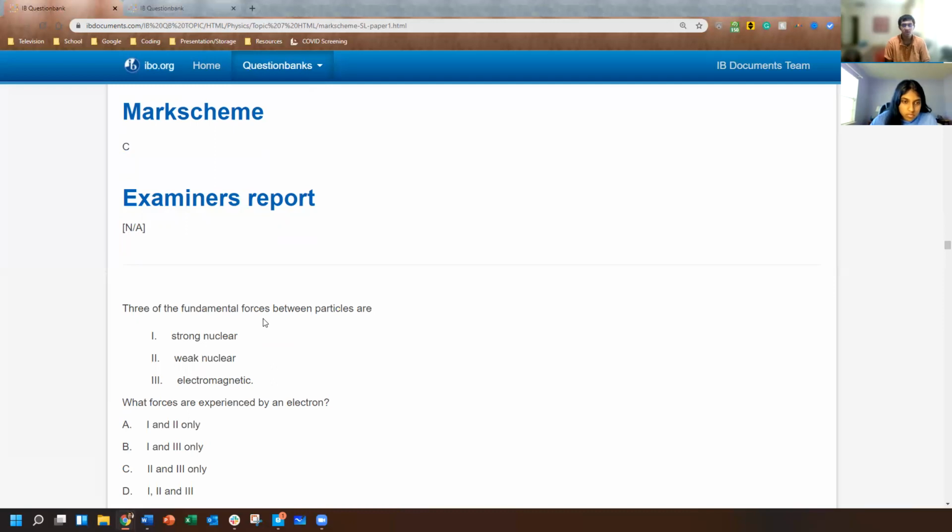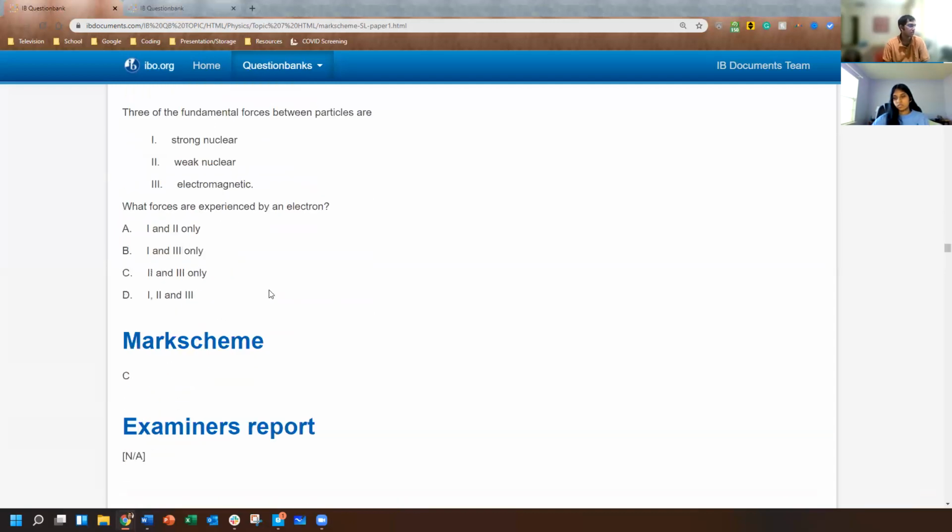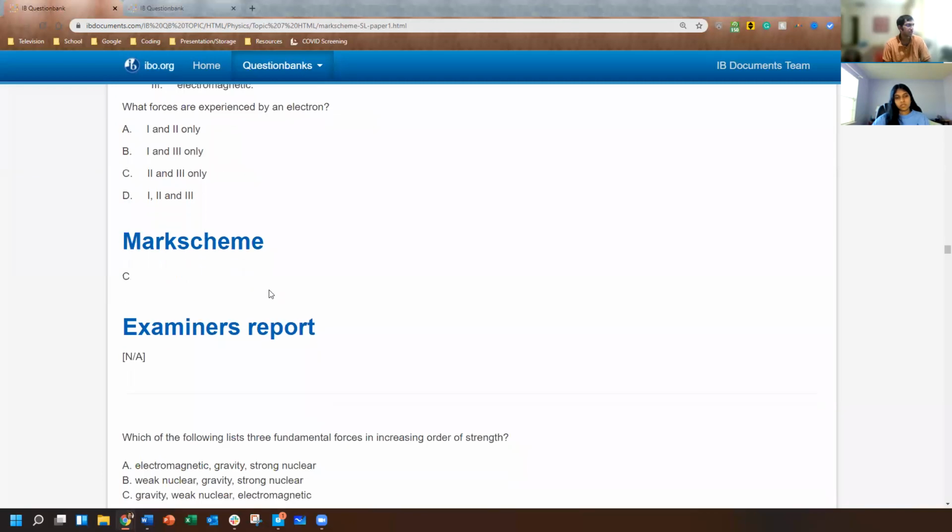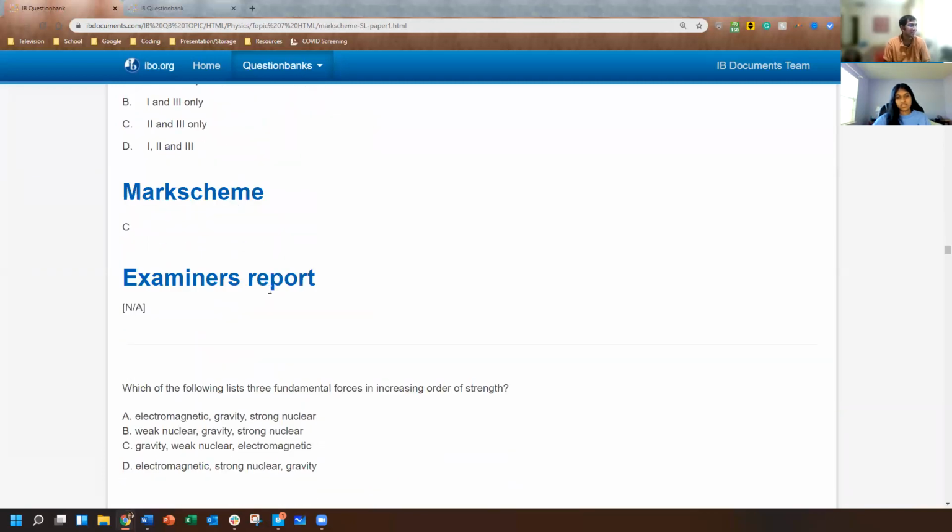Okay. What forces are experienced by an electron? Obviously not strong nuclear because it's not a nucleon. Then the other 2, I think it's 2 and 3, right? So C. Yeah, I think so too. Okay, which of the following lists fundamental forces in increasing order of strength? This was on our previous test. Gravity is the weakest, then weak nuclear, then electromagnetic.